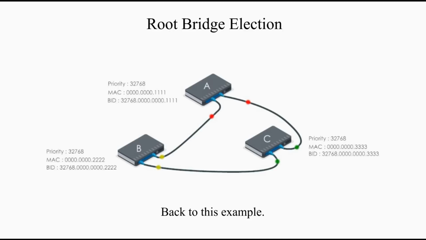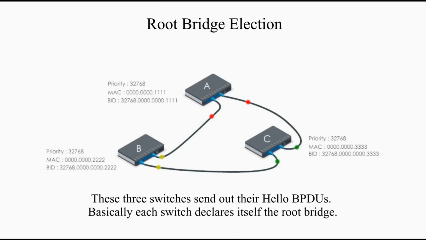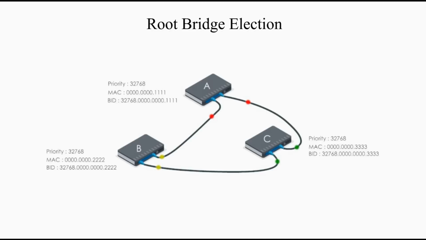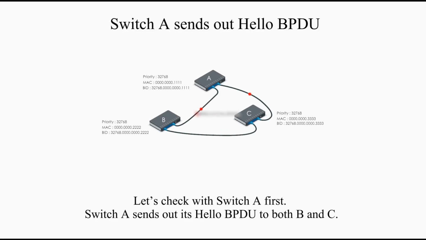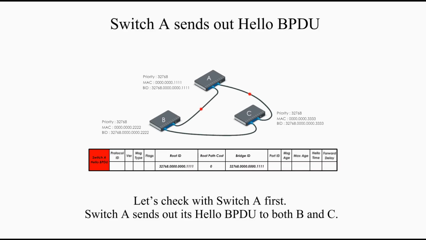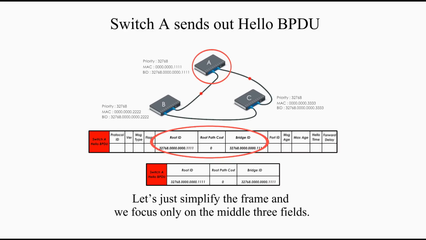Back to this example, these three switches send out their Hello BPDUs. Basically, each switch declares itself the root bridge. Let's check switch A first. Switch A sends out its Hello BPDU to both B and C. Let's simplify the frame and focus only on the middle three fields.